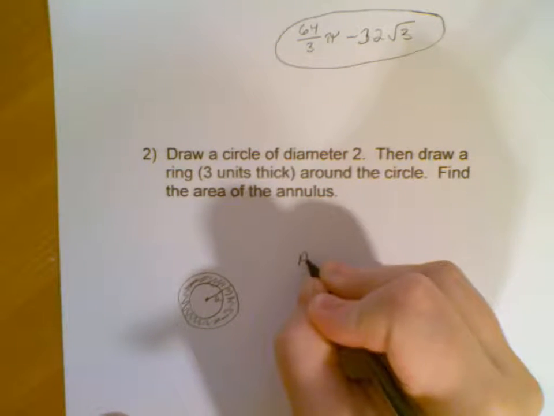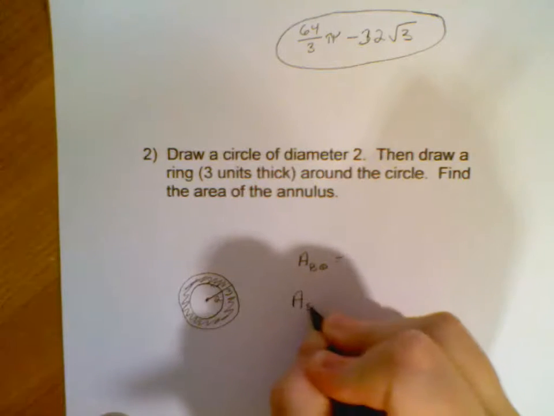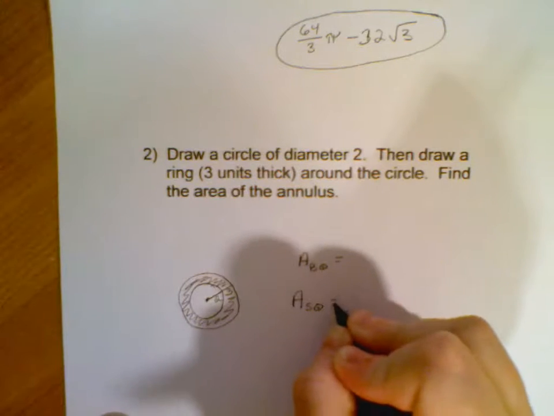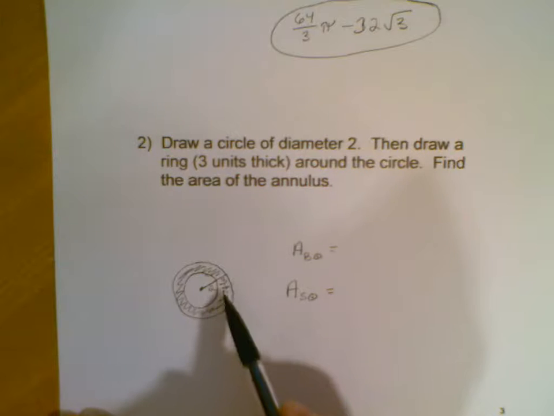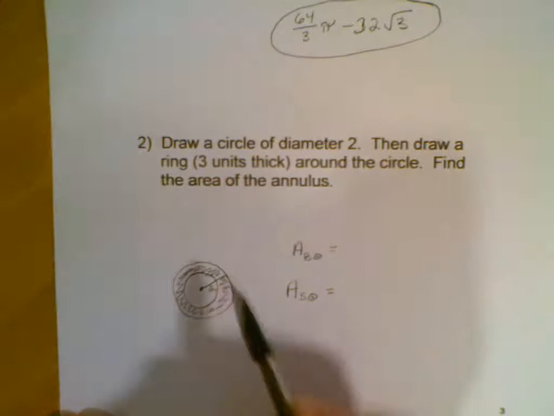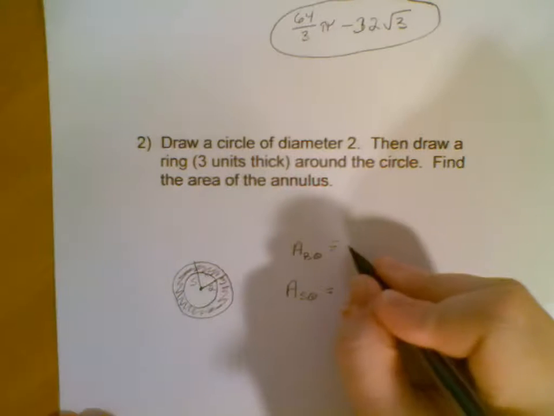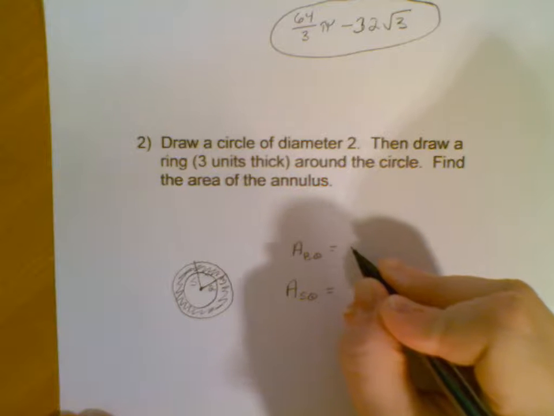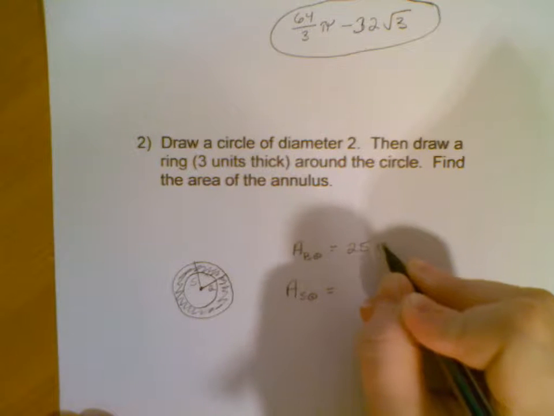So I'm going to find the area of the big circle, I'm going to find the area of the small circle, and I'm going to subtract them. So let's keep in mind that this was 3, this was 2. So the area of the big circle has a radius of 5, so that's 25 pi.